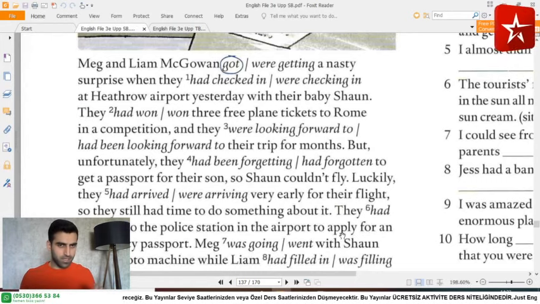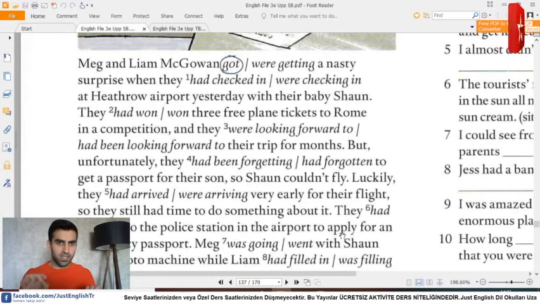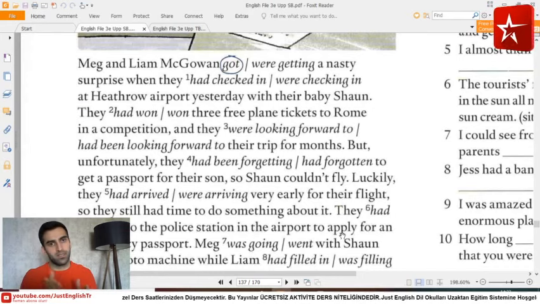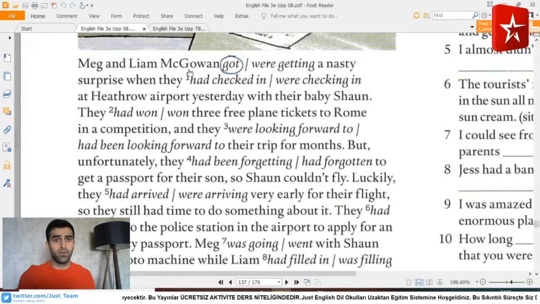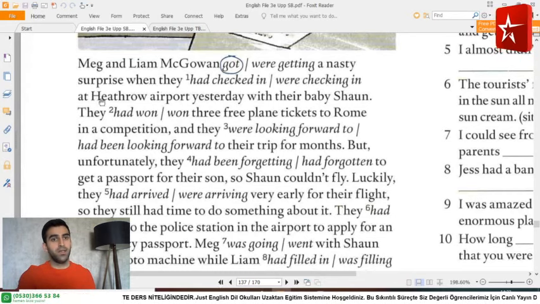Look at the text closely, please, and choose the correct verb for each sentence. The word got has already been chosen. Meg and Mark got a nasty surprise when they had checked in or were checking in at Heathrow airport yesterday with their baby Sean.